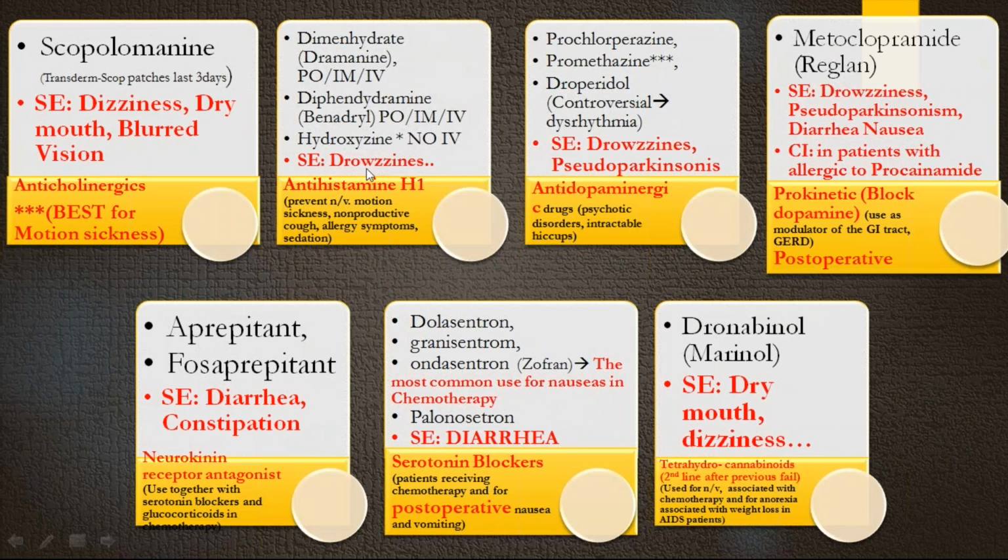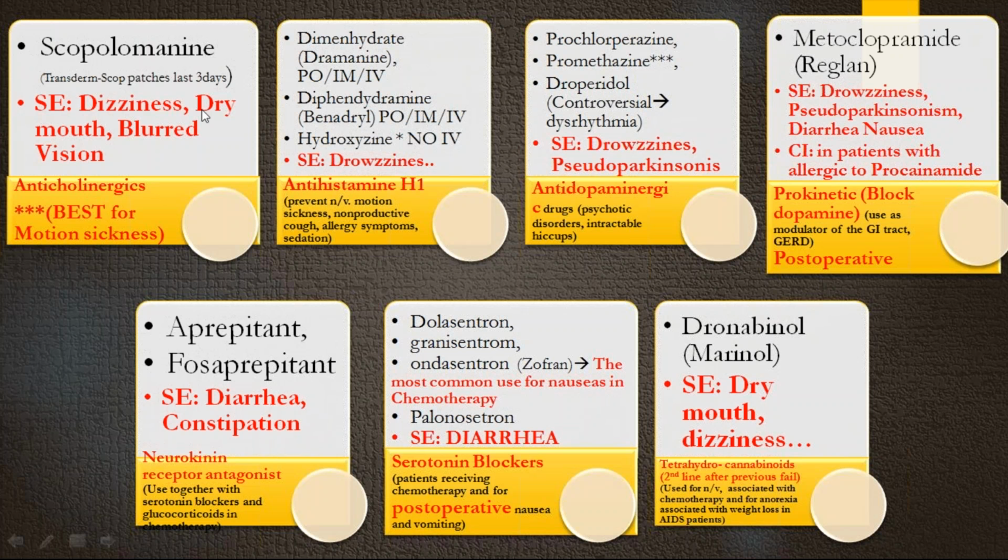All right, so here we have some other names that I really want you to remember. The scopolamine is what we just mentioned. Scopolamine, what you need to know is motion sickness.